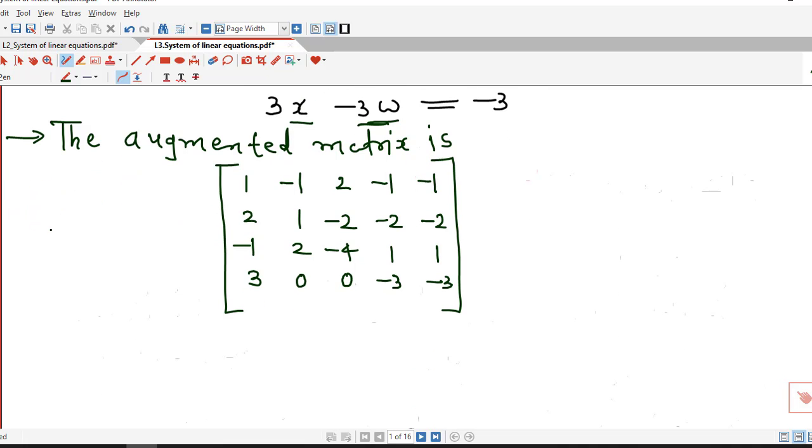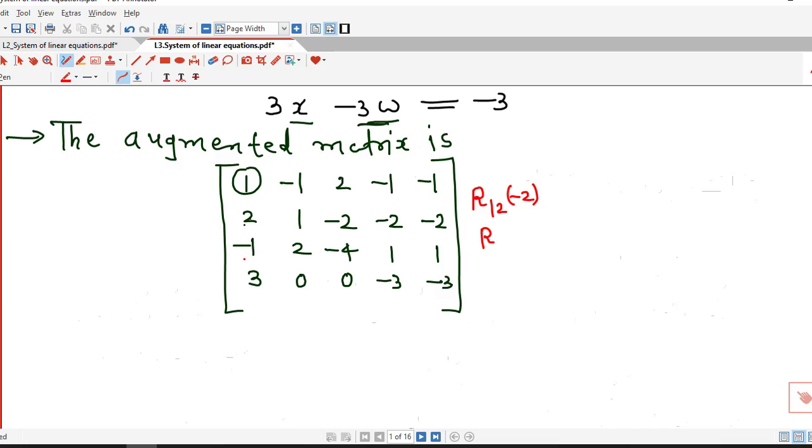Now we have to convert augmented matrix into row echelon form. So this is the first non-zero entry of first row. Using this entry we have to make these three entries 0. To make this entry 0 we have to apply the operation multiplying first row by -2 and adding in second row.